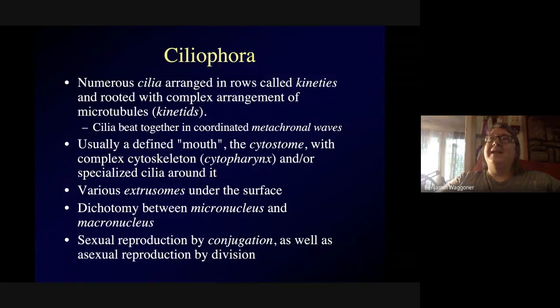They're not that easy to see, although I'll see if I can set up a demonstration of them tomorrow before we get on to the main business of lab. Every cilium has this rather complicated arrangement of microtubules that look a little bit like roots that root the cilia in the cytoplasm and that link each one to the other. Those roots are called kinetids.